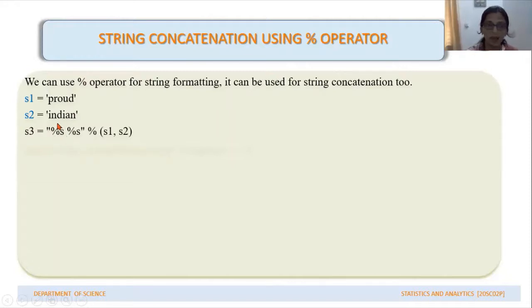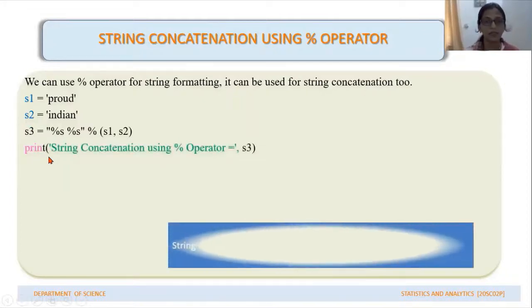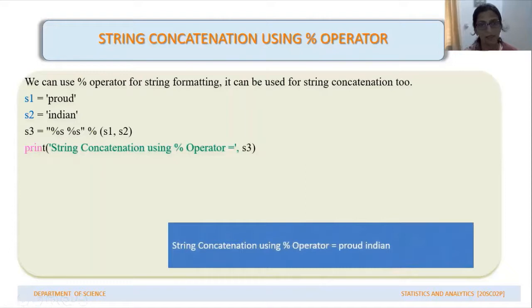Here, in place of percentage s, our strings will be replaced. So the string S1 will come here in the display screen, and string S2 will come in place of the second percentage s in the display screen. Now I'm going to print the result. So the result printed will be like this.